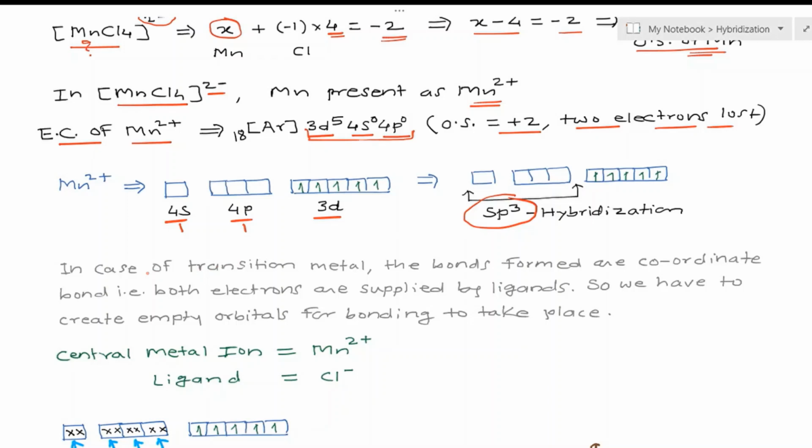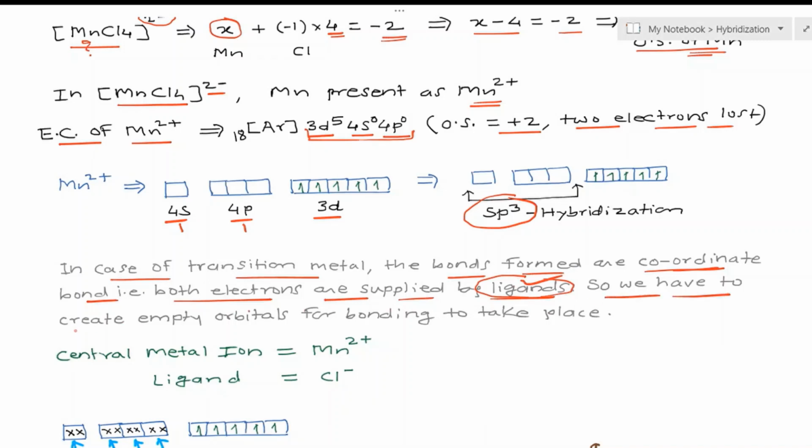The change here is that in transition metal complexes, the bonds formed are coordinate bonds. Coordinate bond means both the electrons required for bond formation are supplied by a single element or atom. Here that species is called the ligand.